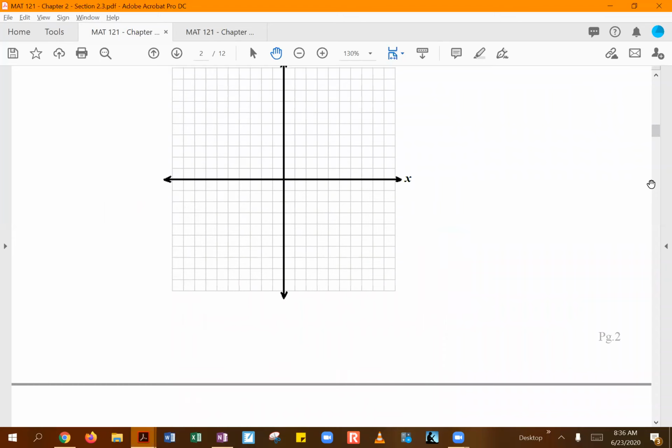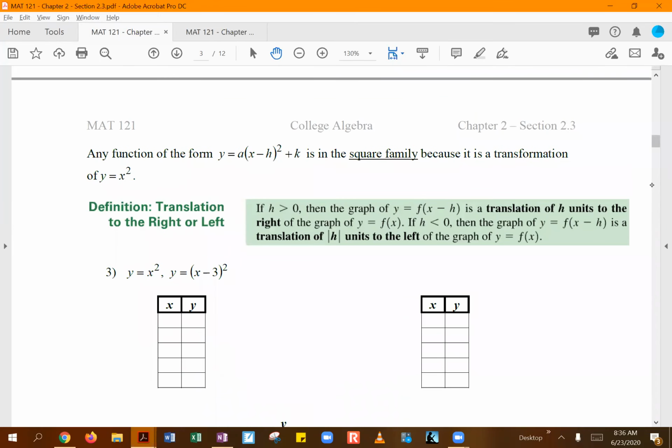With horizontal translation, it's actually the opposite, because by default, we always define our function as y equals f of x minus h. Since we have a minus sign here, the h value is actually positive. So if h is positive, the minus sign tells us we are moving h units to the right.